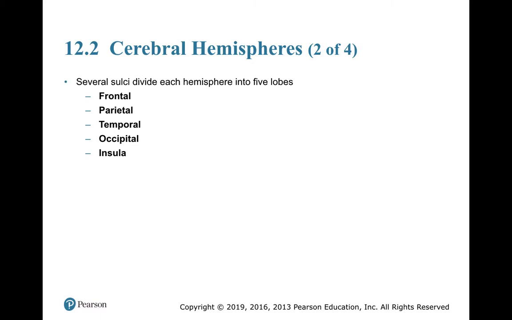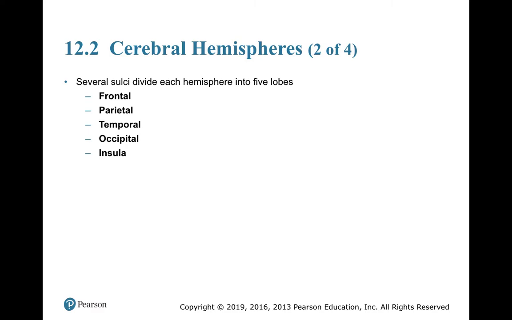The cerebral hemisphere is divided by sulci into hemispheres and then into lobes. Those lobes are named, except for one, for the bone that covers them from the skull. So if you did a good job memorizing skull bones, it'll help you with knowing the cerebral hemispheres.